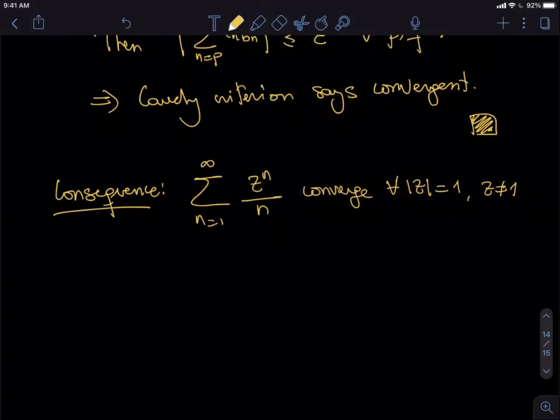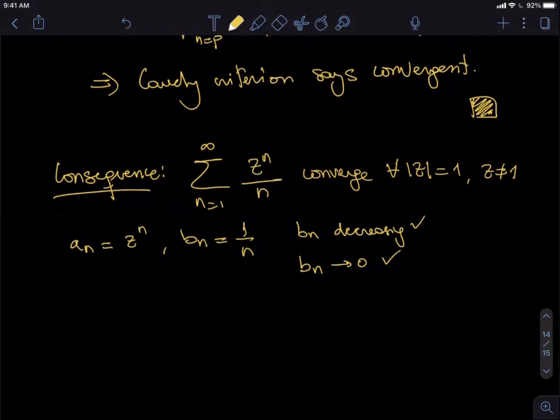Now, here we are going to take a_n, which is z to the power n, and b_n, which is 1 over n. Remember, b_n needs to be decreasing, and we need b_n that converges to 0, which is also true in this case. So we are under the hypothesis of the theorem. Well, wait, there is one more.